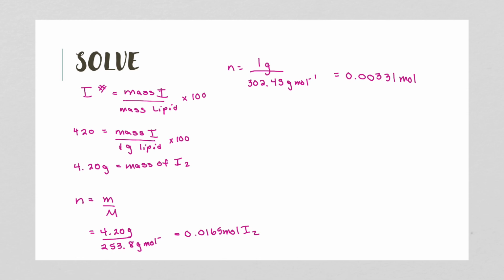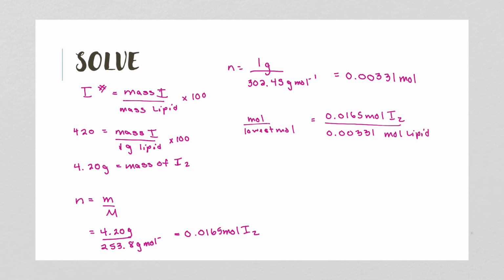Now all we have to do is find the mole ratio of lipid to iodine. We do the moles over the lowest moles. The higher mole value was 0.0165 moles of iodine, and our lower mole amount was 0.00331 moles of lipid.